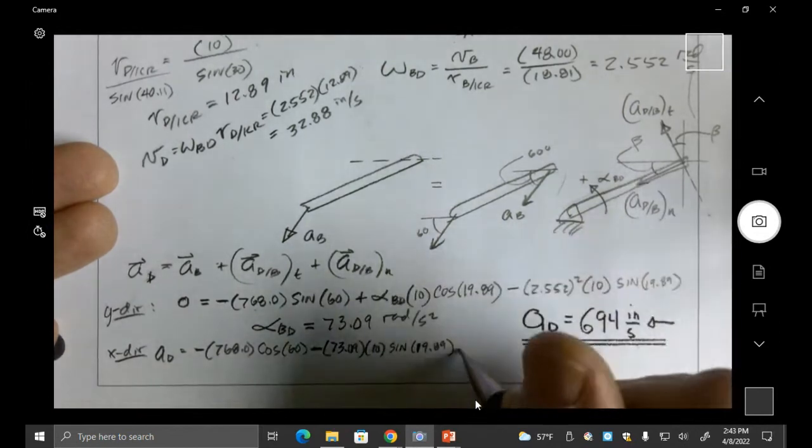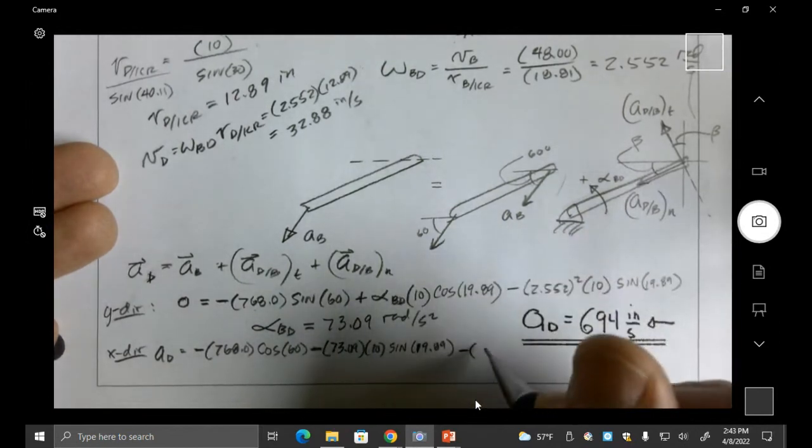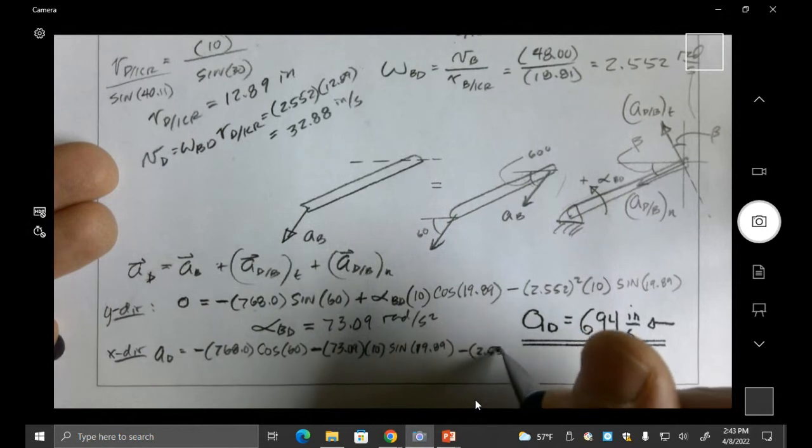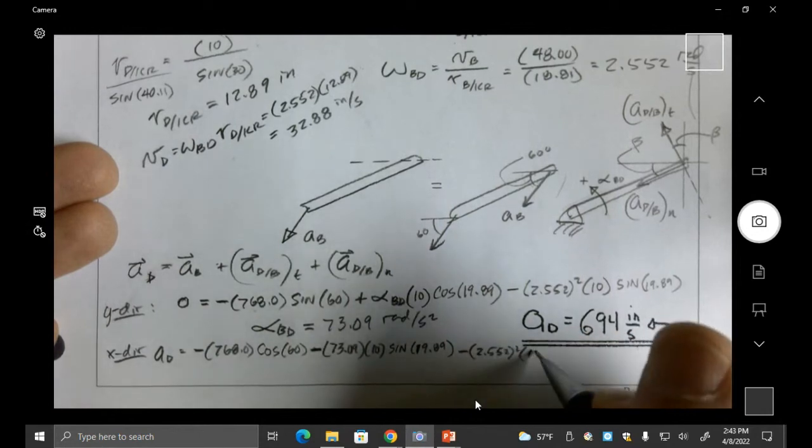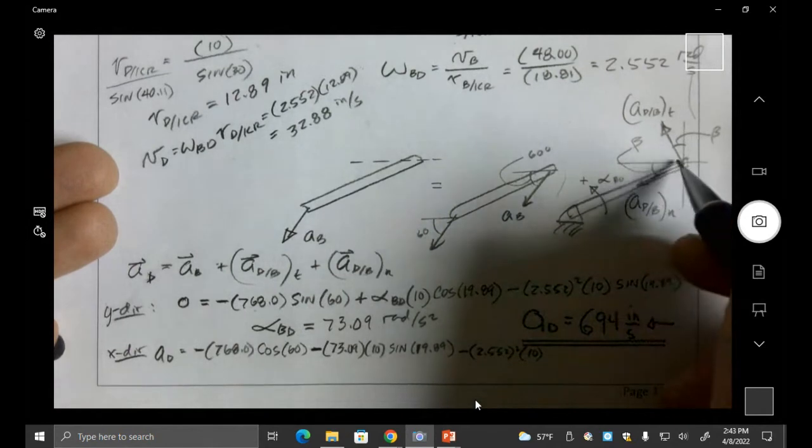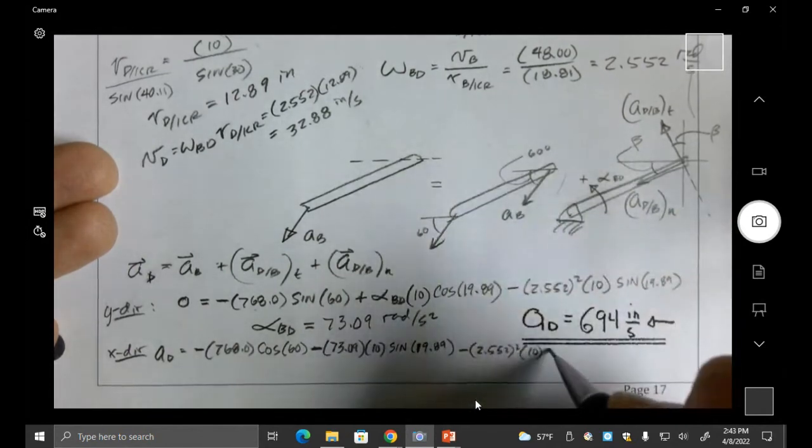And this is also negative, so I think everything's negative. 2.552 squared, 10, and now it's going to be the cosine of that angle.